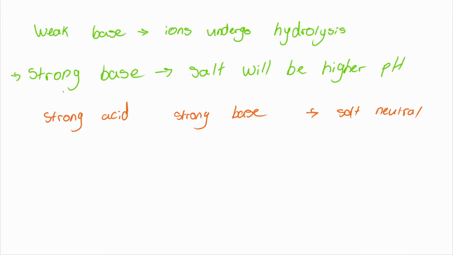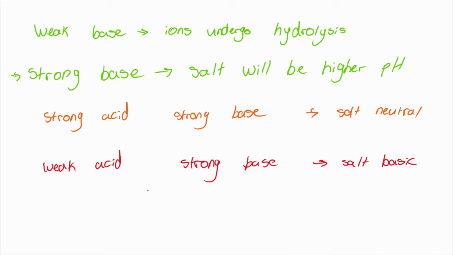And then if we have a weak acid, before I explain what's going on here, have a think what will happen. If we have a weak acid and a strong base, that's just going to leave us with a salt that is a basic salt. And then there's a whole bunch of different combinations.